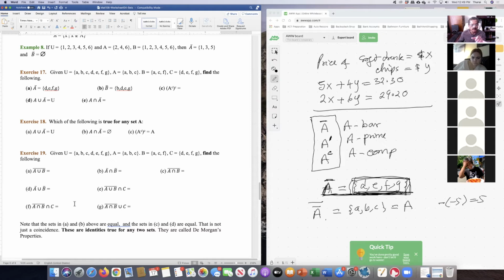If it has individual bars like A bar union B bar here, this is different. This part D is different from the part A. Here, you're combining A bar and B bar. That's not the same as the bar of A union B. They're two different things. So to do this first part, you have to first find A union B and then the complement. Okay, so let me see if you can find the answer.